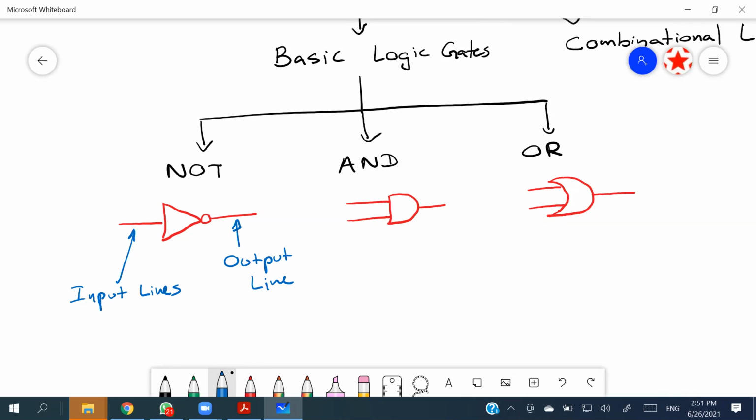So the NOT gate has one input line and one output line. The AND gate has two input lines and can have more; the minimum is two. And one output line only. They can't have more output lines. The OR gate, again, has a minimum of two input lines and it can have more. And output lines, again, just one.